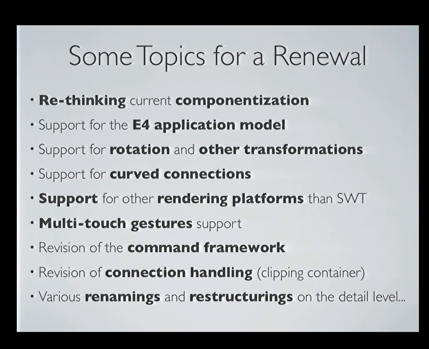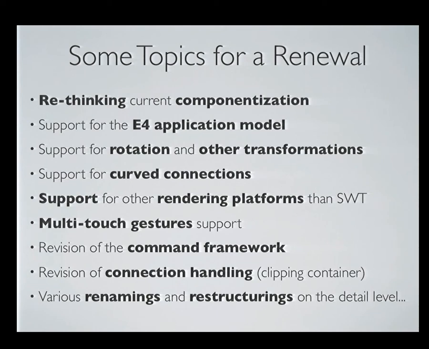Then there are important features missing in my eyes, such as support for rotation of figures or for other transformations, support for curved connections. If you look at the features that are actually requested in the mailing lists, these are 2 very hot topics in there. One thing that has become important with respect to E4 is that we now want to have support for other rendering platforms than SWT, which is not possible with Draw2D at the moment because it's hard coded to be based on SWT, and it reuses SWT classes in certain contexts.